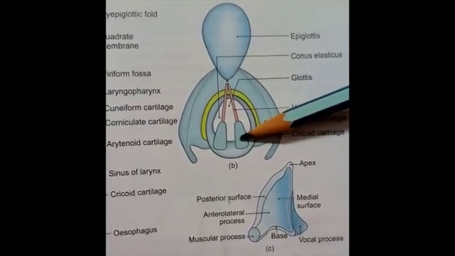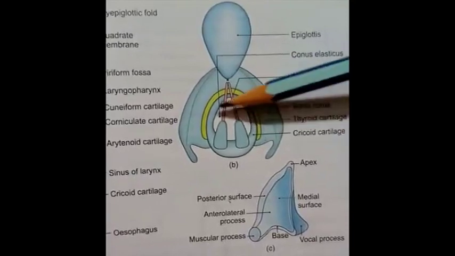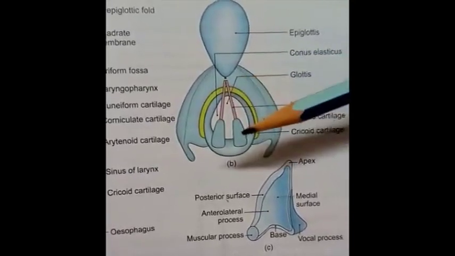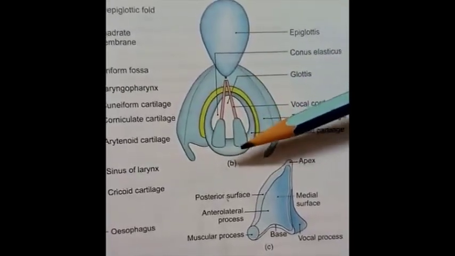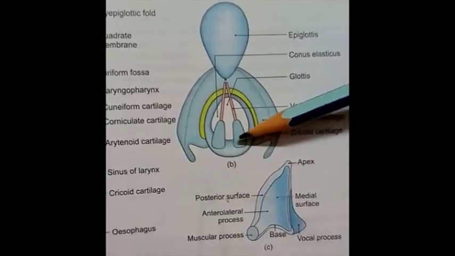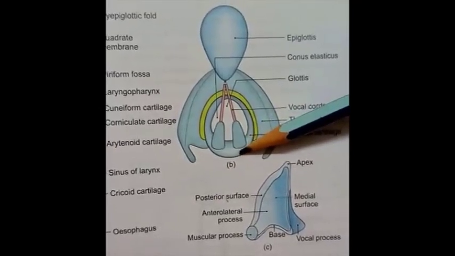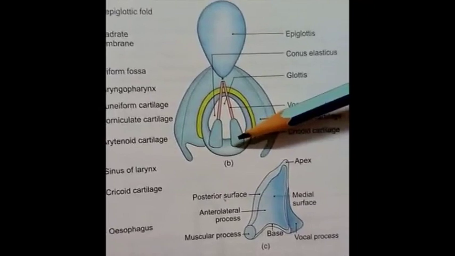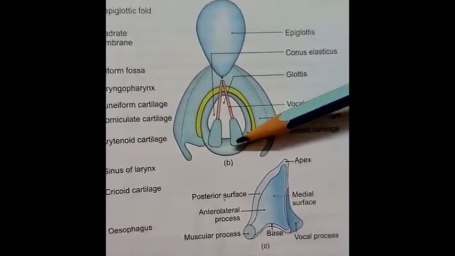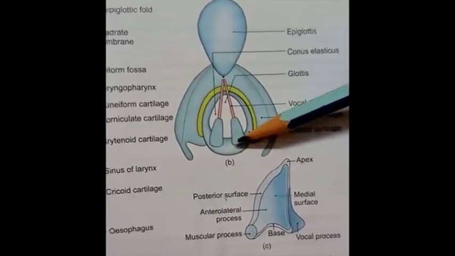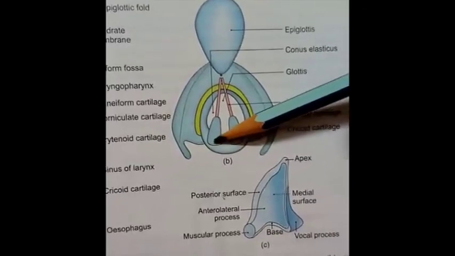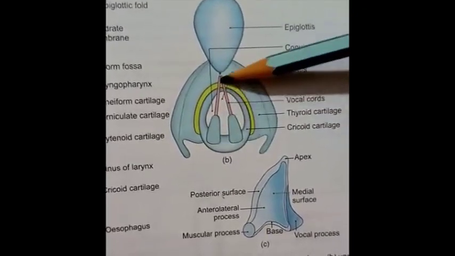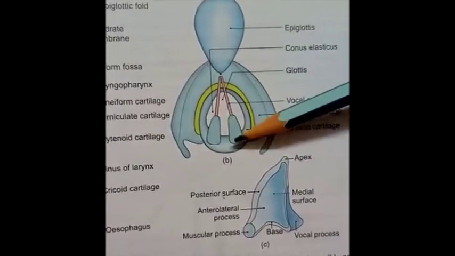The vocal process gives attachment to the vocal cords. So when movement takes place at the cricoarytenoid joint, it produces an effect on the vocal cords.